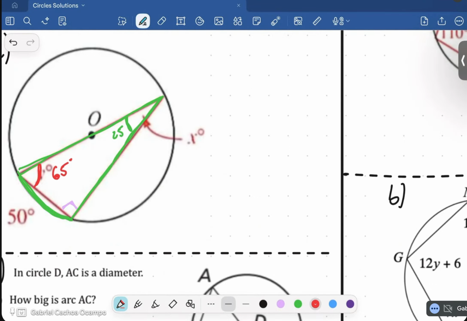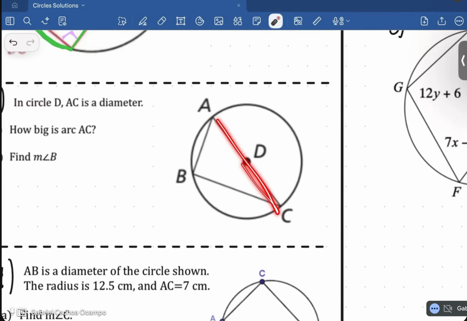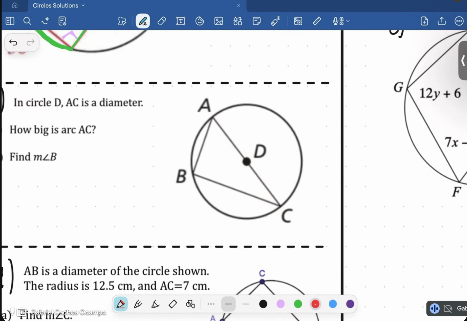I am being told that this is a diameter. If this is a diameter, that means that arc AC is 180. So angle B is 90, no?